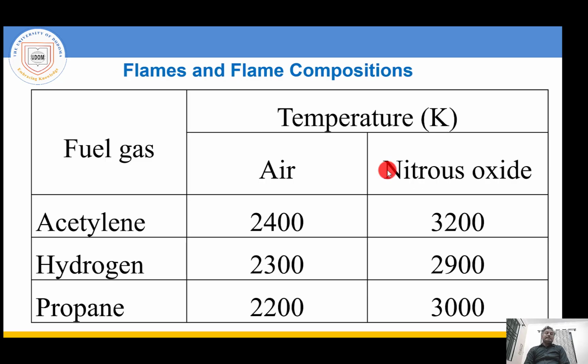So now let us see what the flames and flame compositions are. Actually, in these instruments, the flame is produced by two types of gases. One gas is called fuel gas, the other gas is called oxidant gas. The combination of fuel gas and oxidant gas produces a flame with very high temperature.